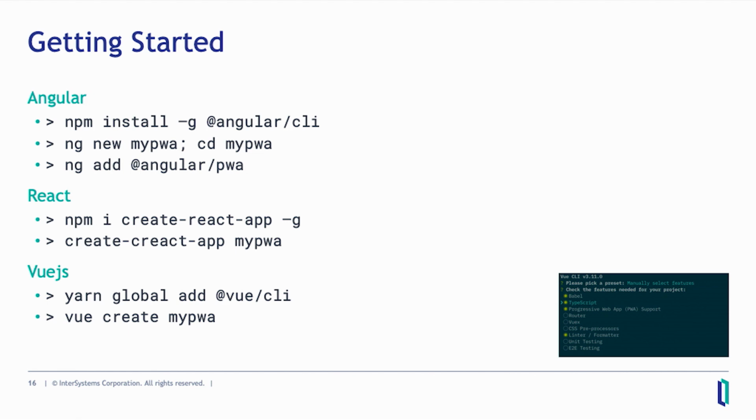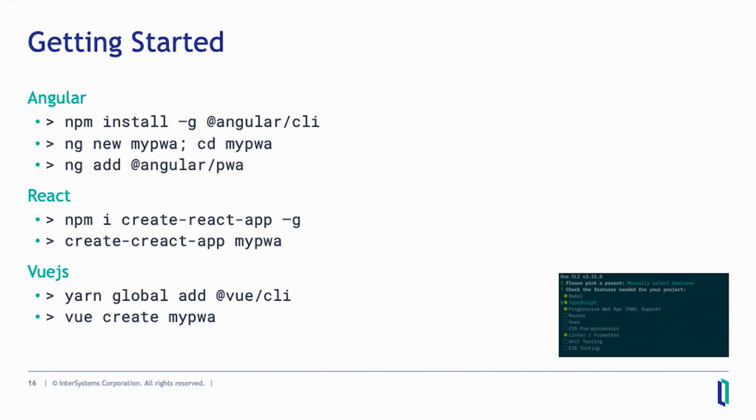If you choose Angular and you begin to be an Angular development shop, it used to be a lot harder a couple years ago, but now all you do is first install Angular, and then ng new my PWA, you add Angular PWA. You just add another component to enable PWA.